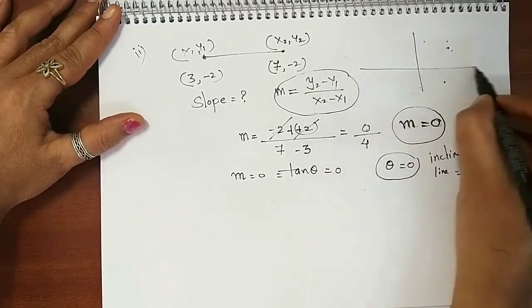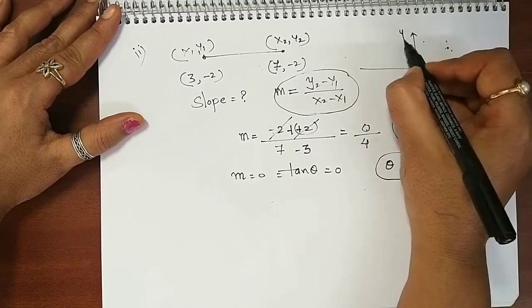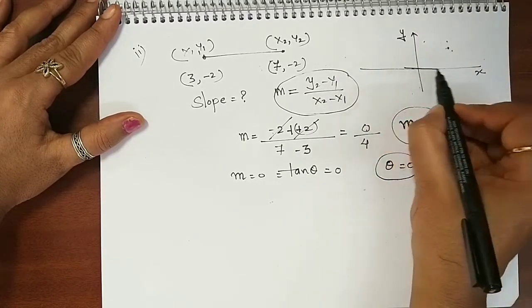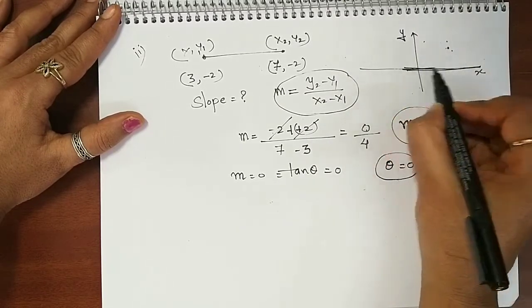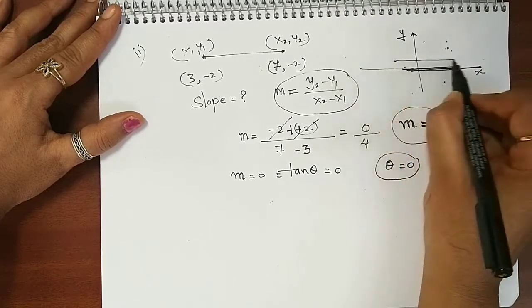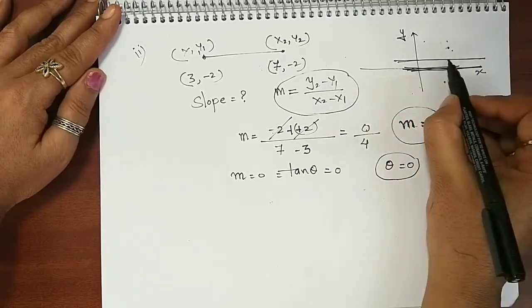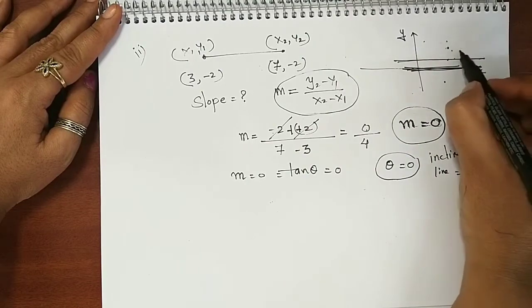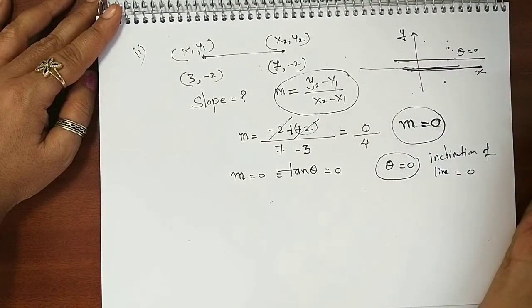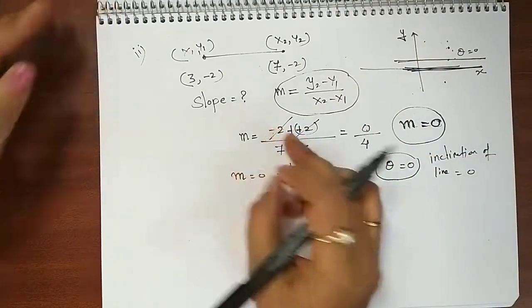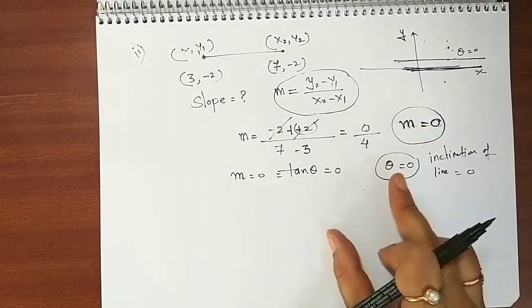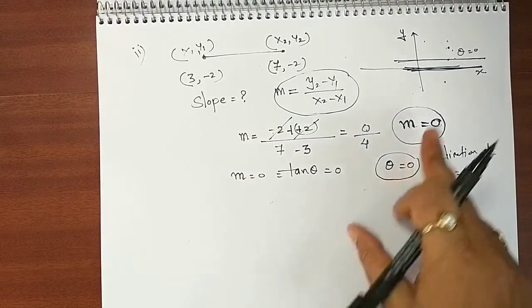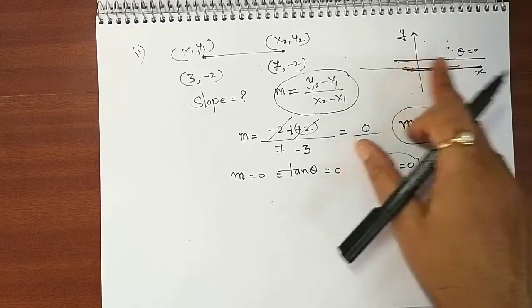If you want to plot the line, this is the x-axis and y-axis. So your line is inclined at 0 angle with the x-axis, meaning either here or here, this is the possibility where your line is. For this line, theta is 0. So if the slope is 0, that means inclination is 0, that means the line is parallel to the x-axis.